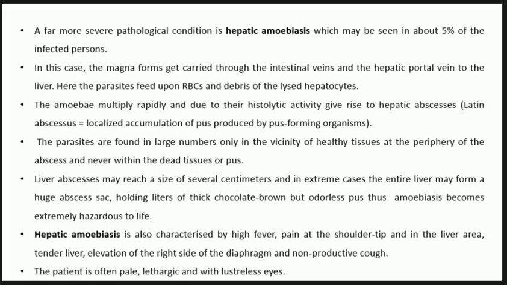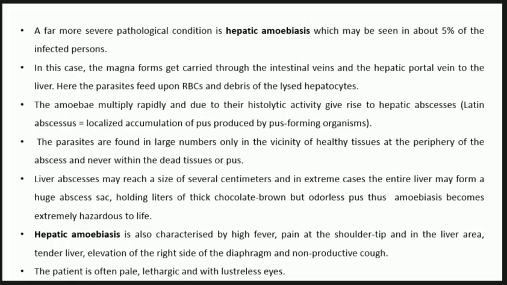So if this particular Entamoeba histolytica starts infecting the liver, then that condition is called hepatic amoebiasis. This hepatic amoebiasis is seen in just 5 to 10% of the infected persons, very rarely. In this case, magna forms get carried through the intestine up to that area. Okay. Now what do they do in the liver?